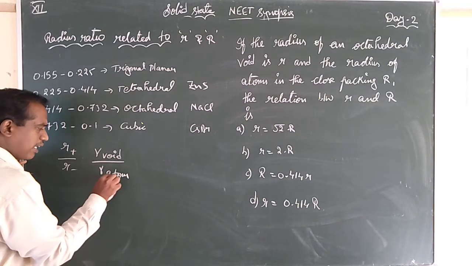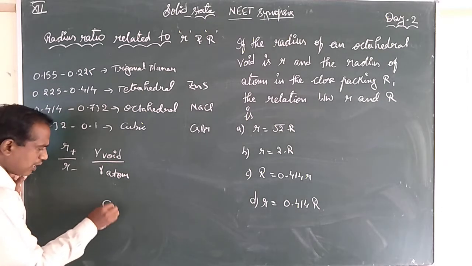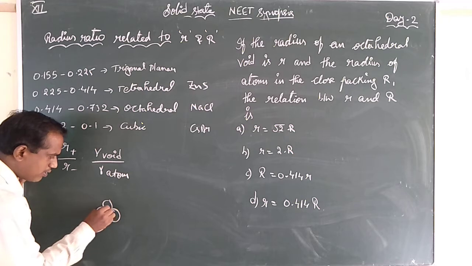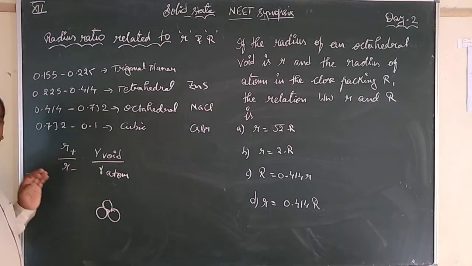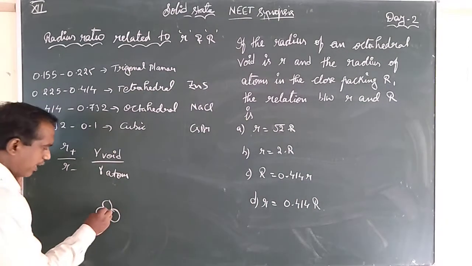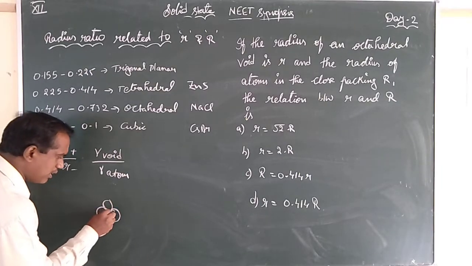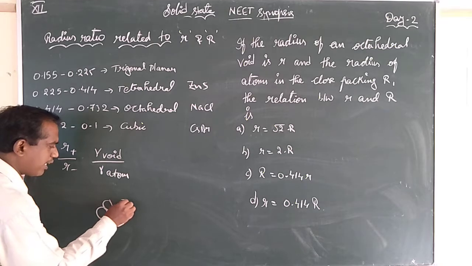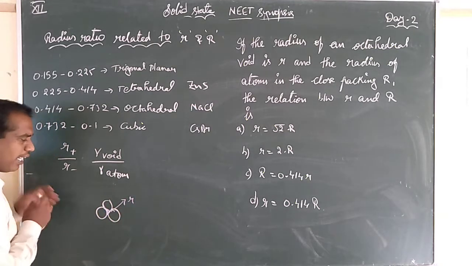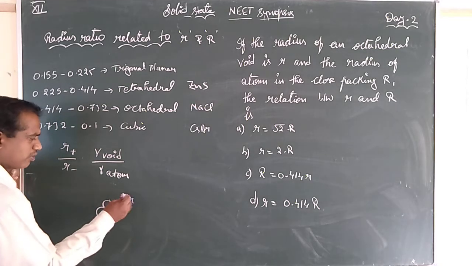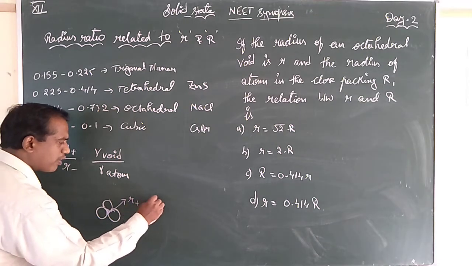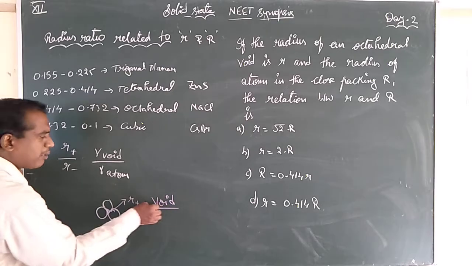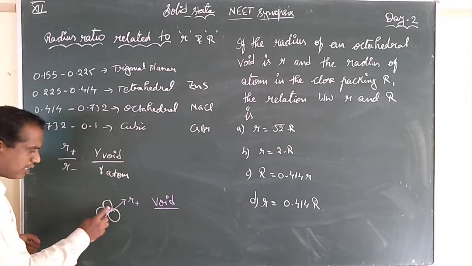Here you see, these are the atoms. The space between them we call the void. Is it not, children? The space in between we call the void. So earlier we used to call it r plus, but now we call it the radius of the void, upon the radius of the atoms.